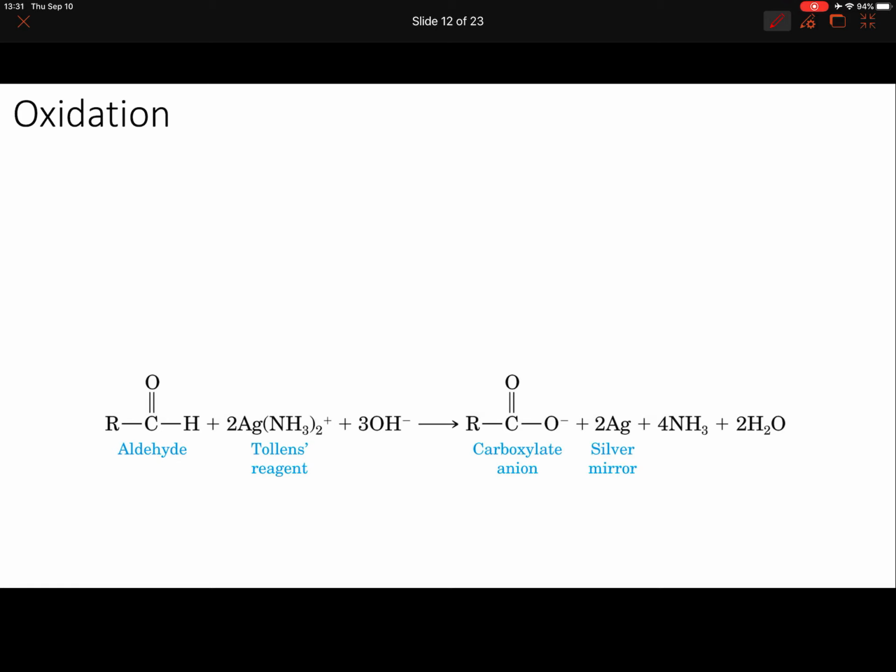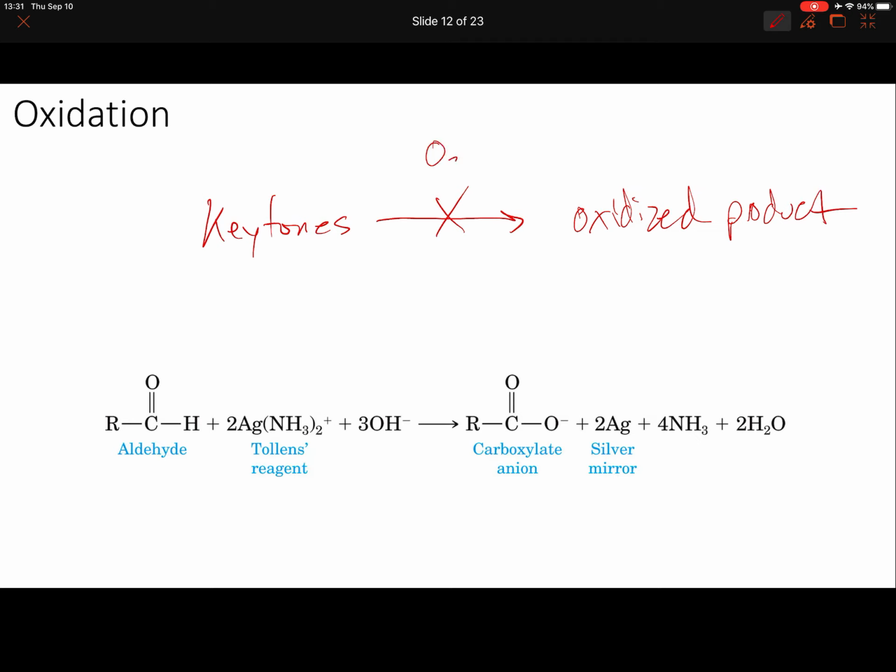So we don't see ketones reacting to form, let's call it, an oxidized product. Potassium dichromate is K2Cr2O7 with sulfuric acid, right?